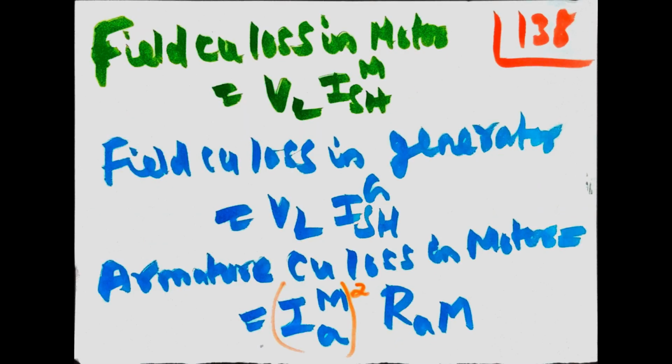Field copper loss in the motor is equal to VL ISH(M). Field copper loss in the generator is equal to VL ISH(G). Armature copper loss in the motor is equal to (IA(M))² RAM, where RAM is the armature resistance of the motor.